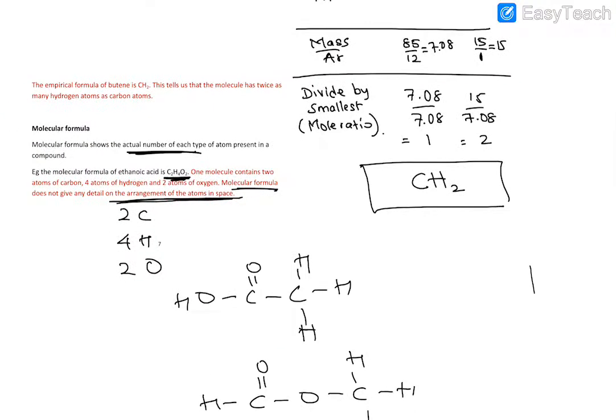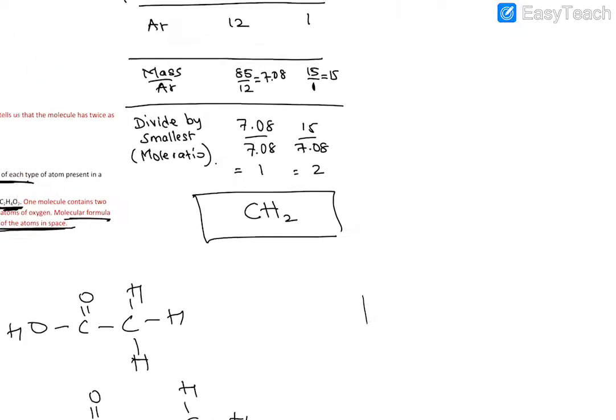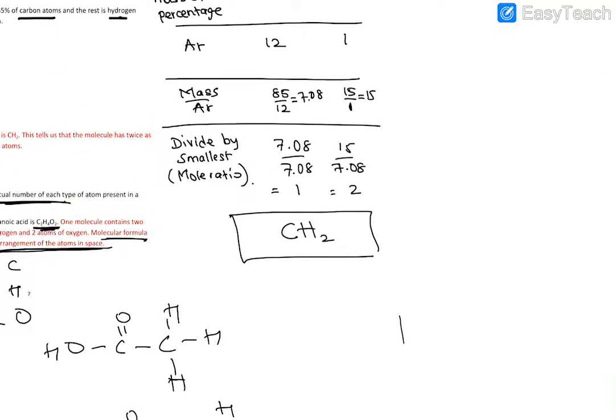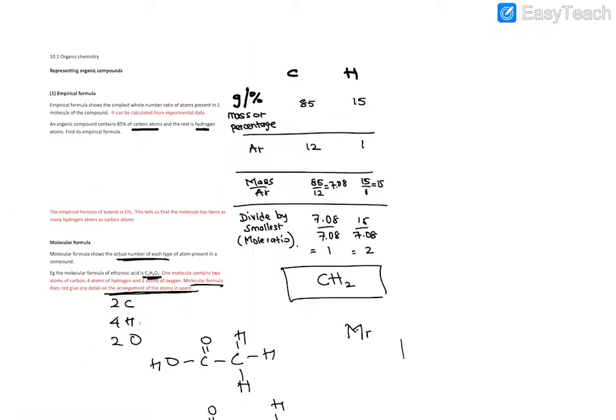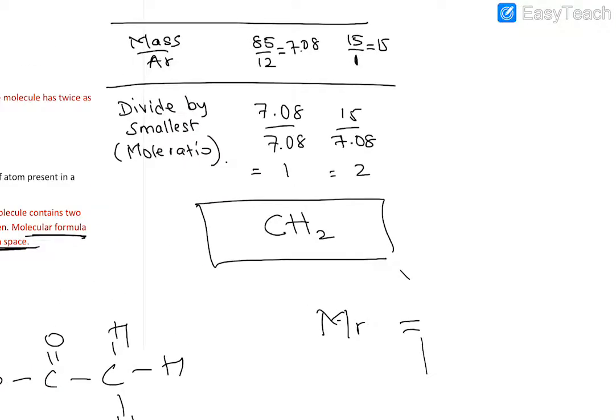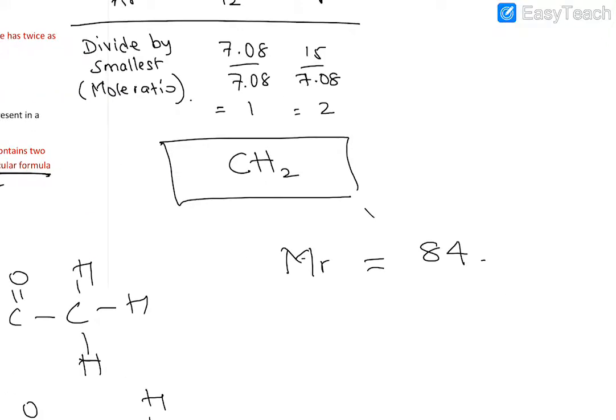Now you can get the molecular formula from MR values and from the empirical formula. So in this example, for this molecule, if we know that the MR value is 84, from the MR you can get the molecular formula.